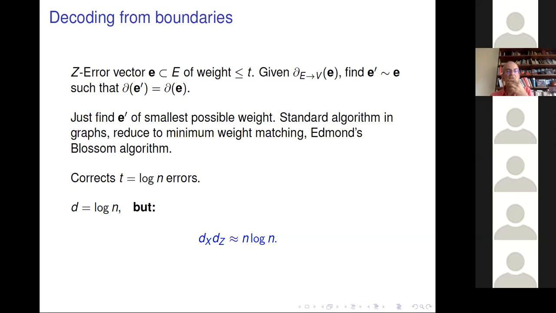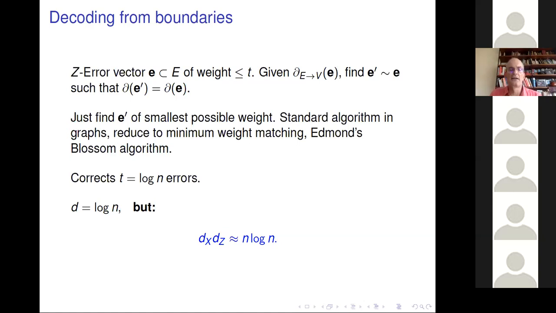This is in particular due to the fact that we're dealing with a graph, there we have no boundary expansion, and it's only possible to guarantee a z distance that scales like a logarithm of n, like log n, which only gives you quantum minimum distance equal to log n, which is not so good.